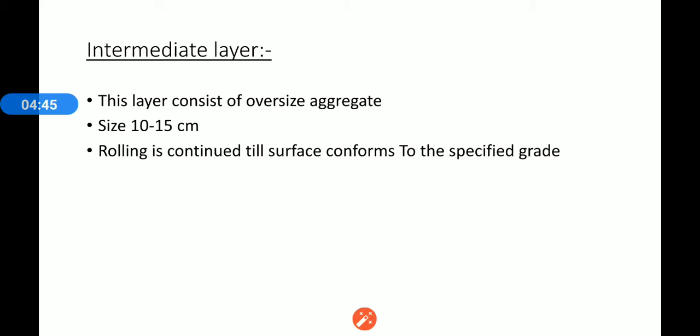The coarse aggregate is spread between the wooden templates to a loose thickness of 15 cm up to 20 cm. It is then first dry rolled till the surface acquires a smooth surface, and it is then rolled after watering. Rolling is continued till the surface conforms to the specified grade and the camber.